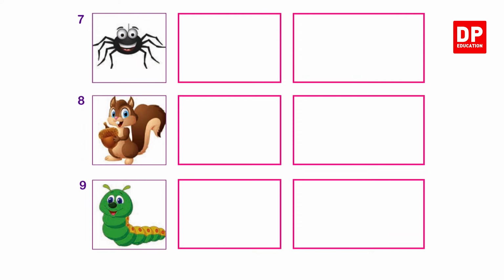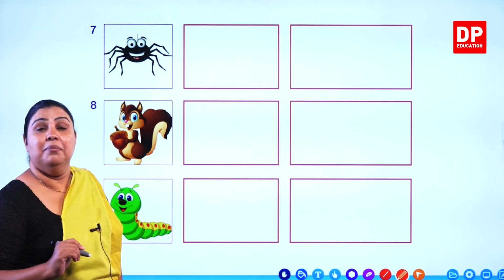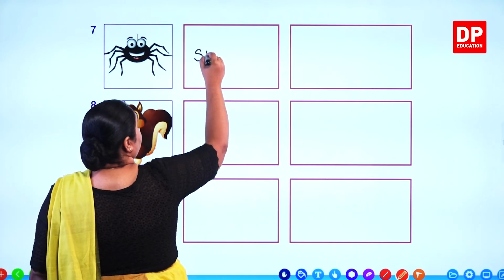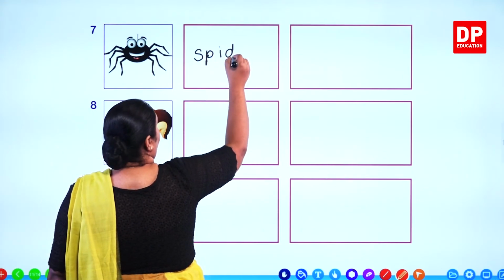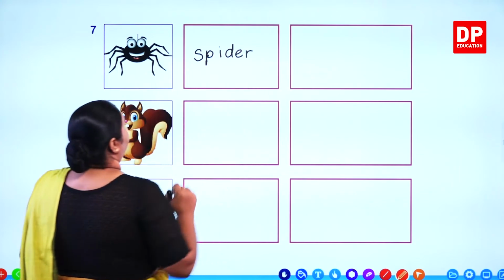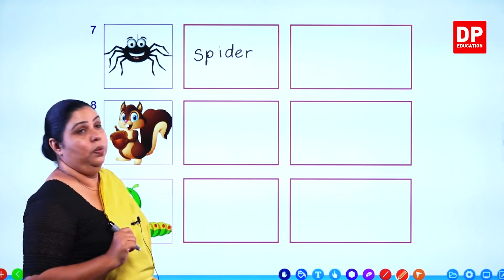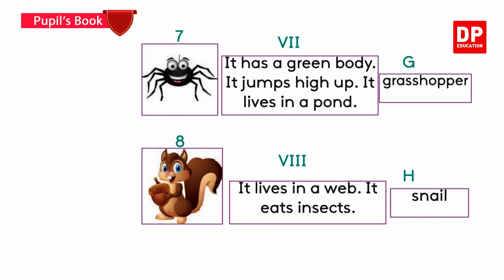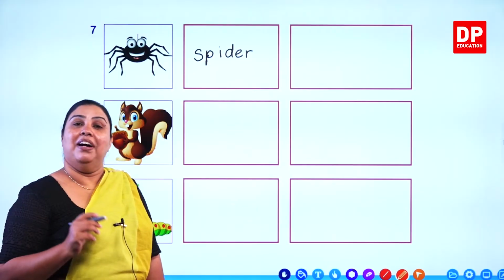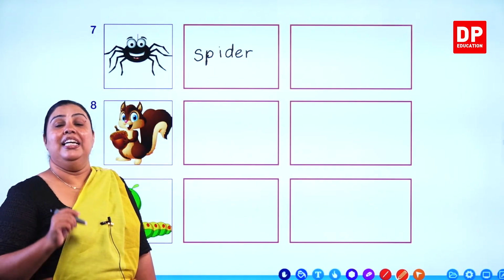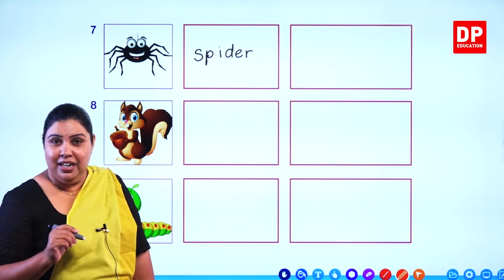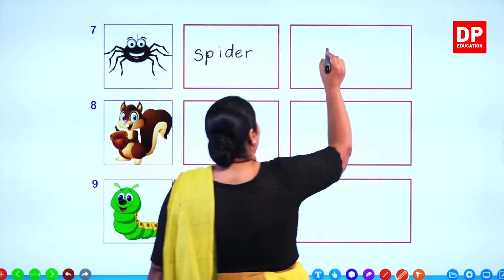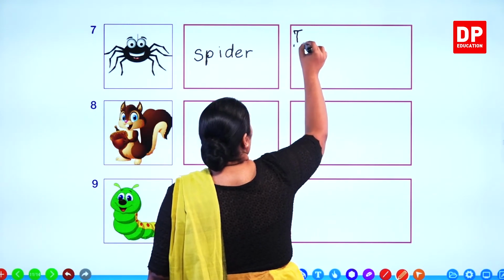Right, then, we have the spider. Makulua, the spider. We will write the word spider, S-P-I-D-E-R, spider. Now can you remember the description of the spider? What is the description of the spider? It lives in a web. It eats insects. It lives in a web. Where does it live? In a web.